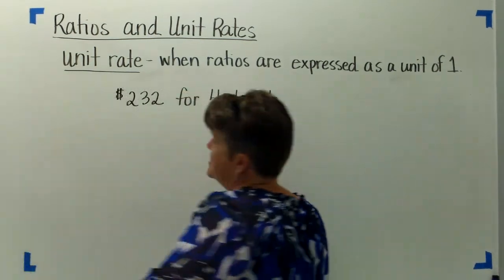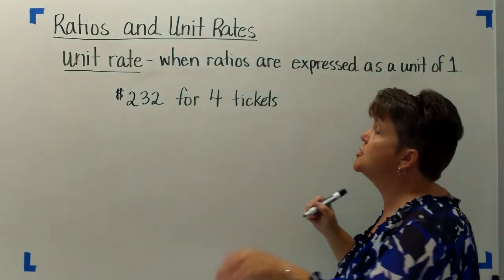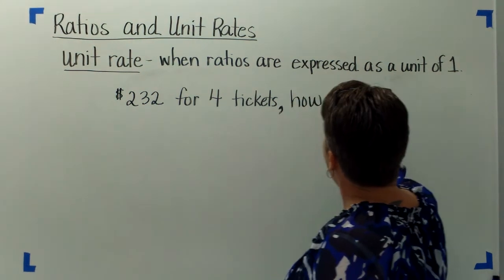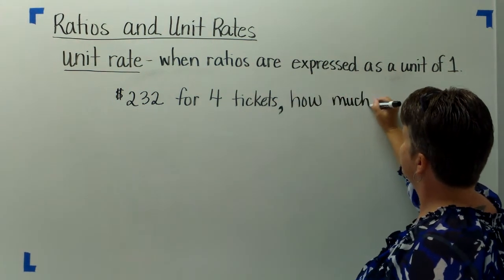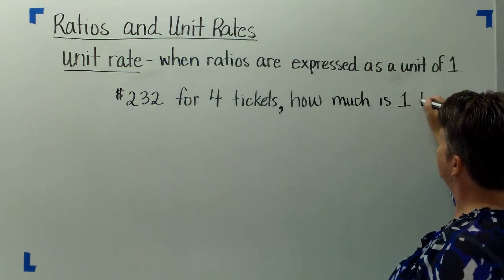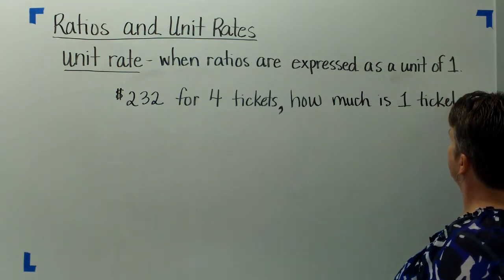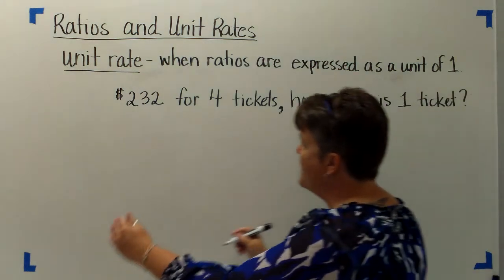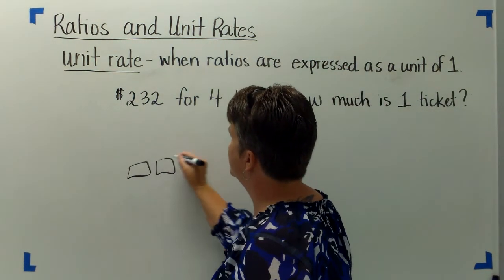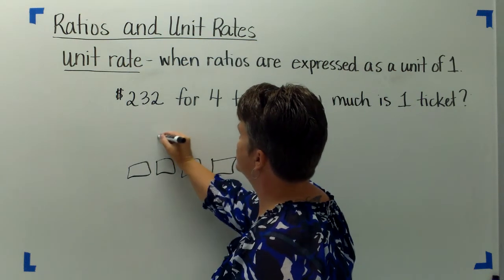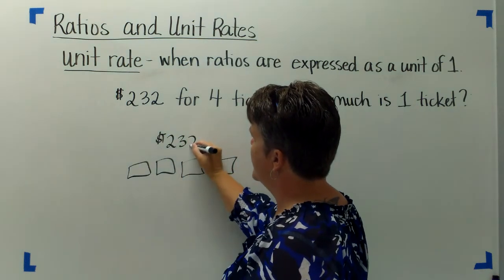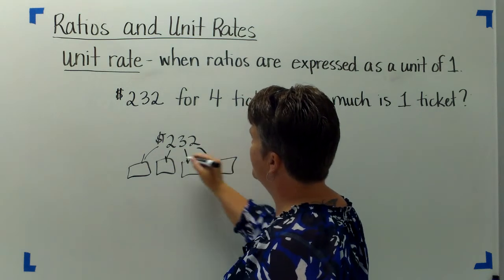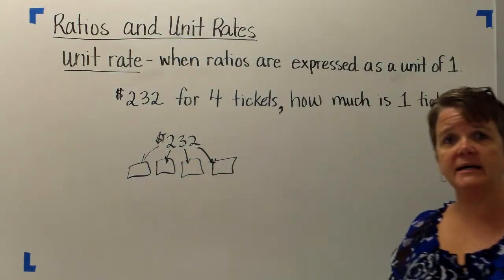But it's not your birthday or anything, so she says that your friends have to pay her back. So we need to figure out how much 1 ticket is. You are finding a unit rate. You know together all 4 of these tickets cost $232. How much is it for one of them so that your friends can pay your mom back?